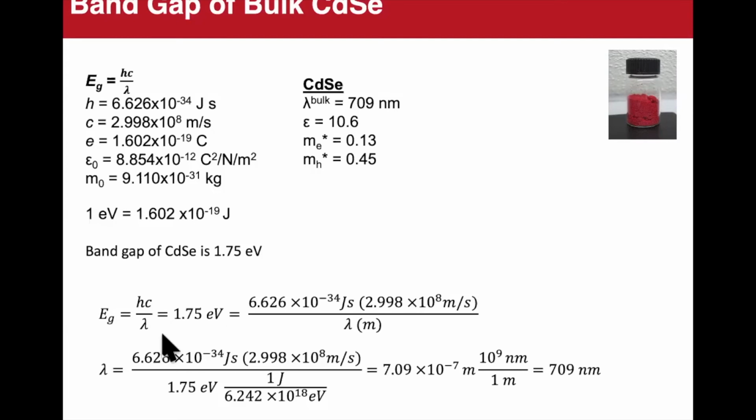We have the information regarding the bulk band gap of cadmium selenide here, and now we can calculate for the wavelength. When we input the values for Planck's constant and speed of light divided by the band gap, converted to the proper units, we get 709 nanometers as the expected wavelength of the emitted photon. So that will occur in a reddish color that you see here.